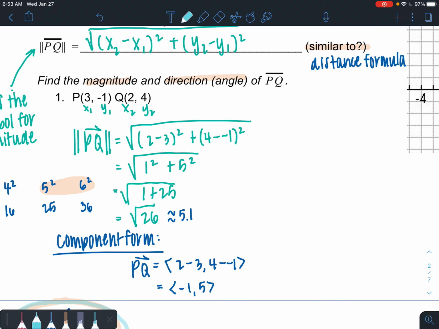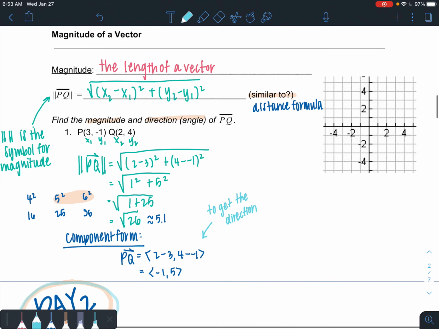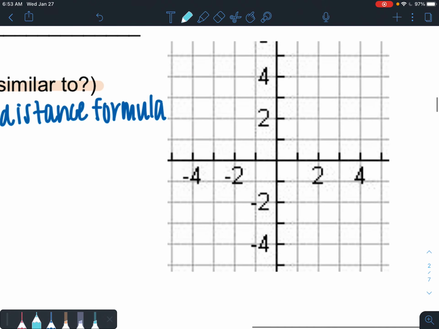Now, this is so we can get the direction or the angle. So let's go ahead and graph -1, 5. So here is -1, 5. And we'll go ahead and drop that down.